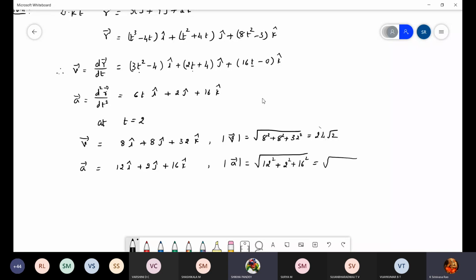So 2 into square root of 101. Yes, sir. Please verify these two answers. This is the solution for this given problem. Any doubt?